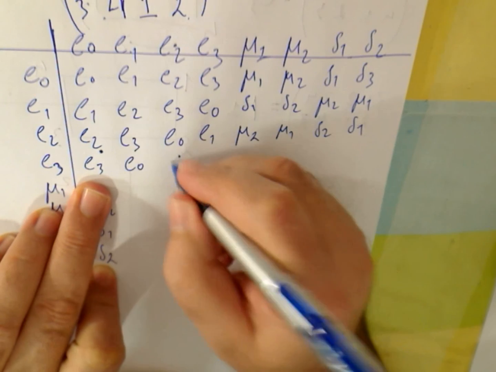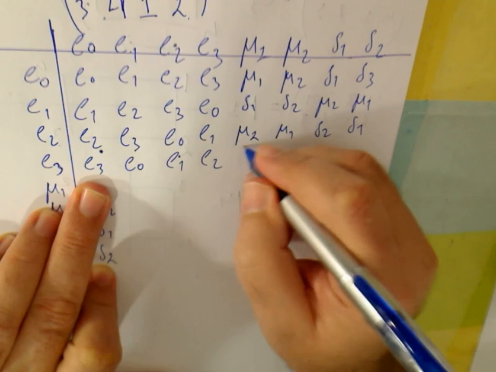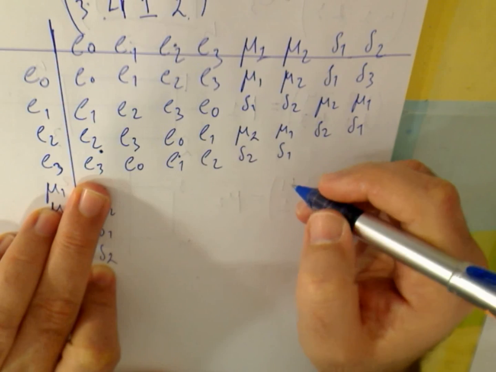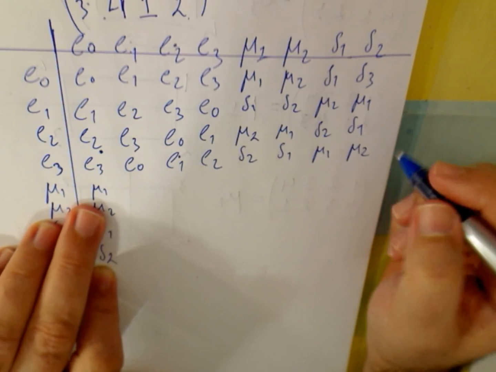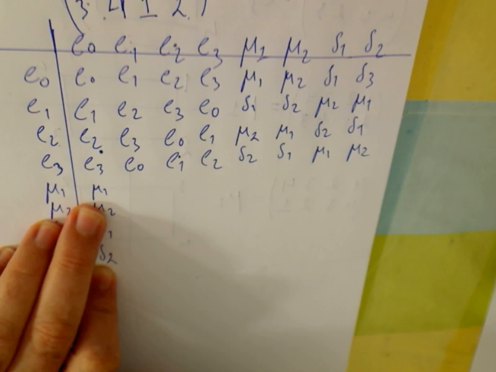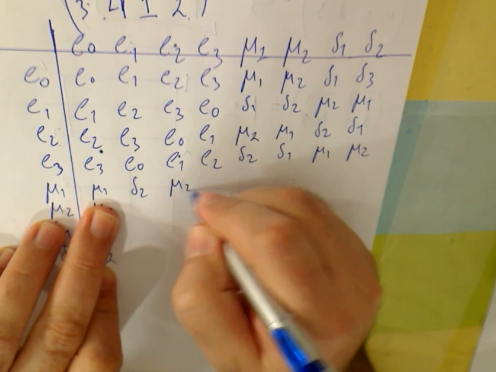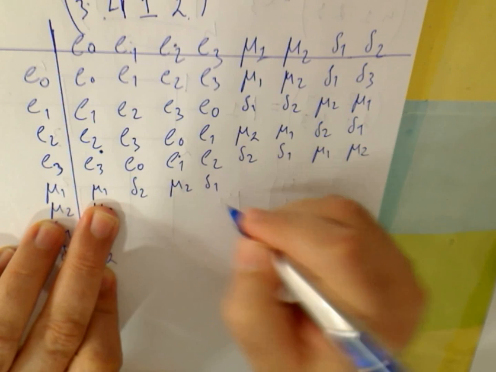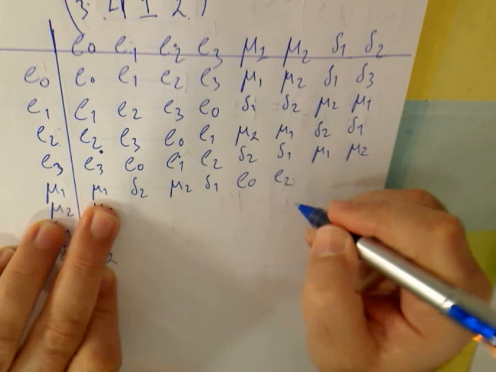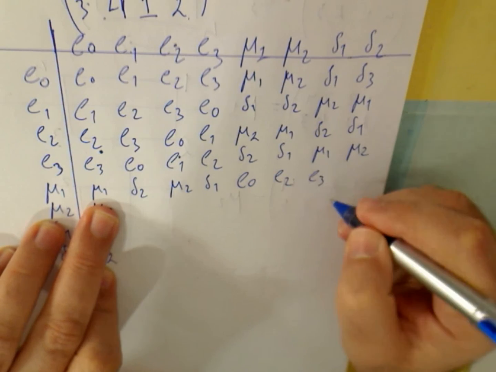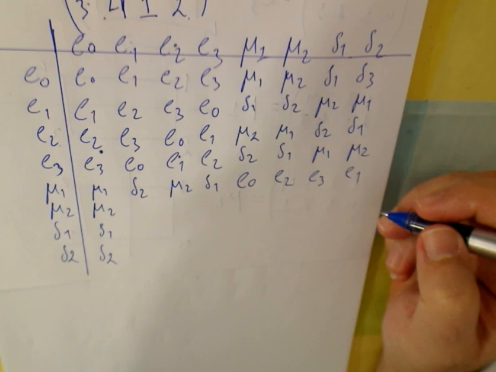R3 times the identity, that's correct. R0, R1, R2, delta 2, delta 1, M1, M2. For mu1 we get mu1, delta 2, mu2, delta 1, R0, R2, R3, R1.